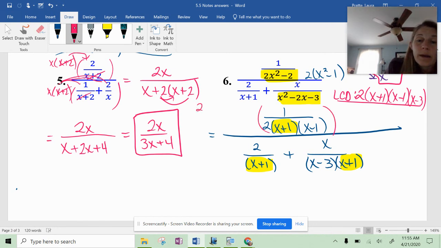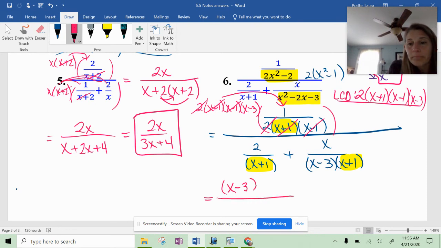So when I multiply that entire thing to this numerator, the x plus 1's are going to cancel. The x minus 1s are going to cancel. The 2's are going to cancel, and I'm just left with x minus 3 getting multiplied to that 1, which is just x minus 3.